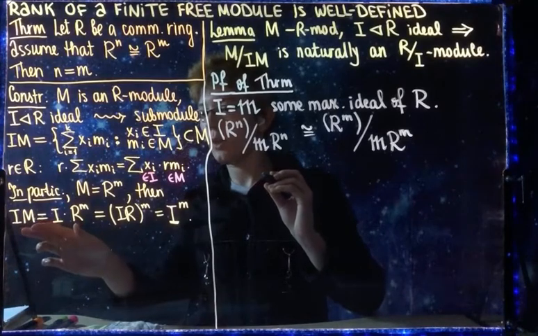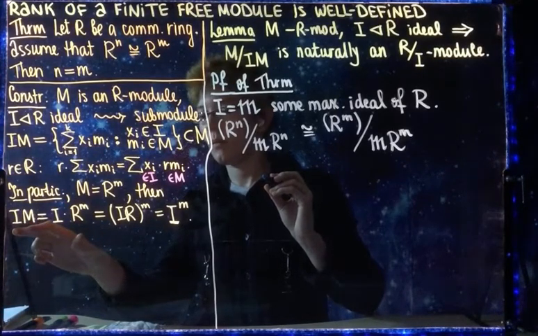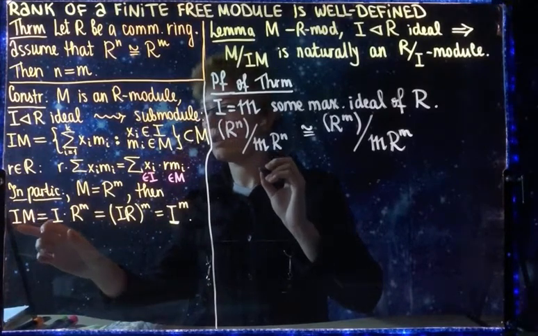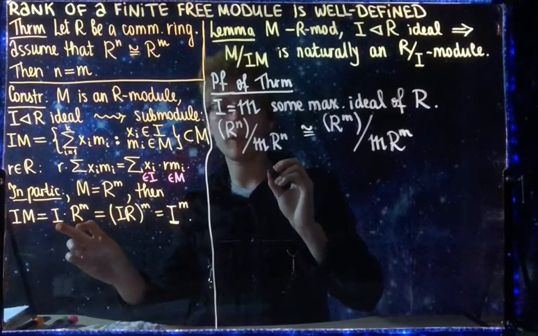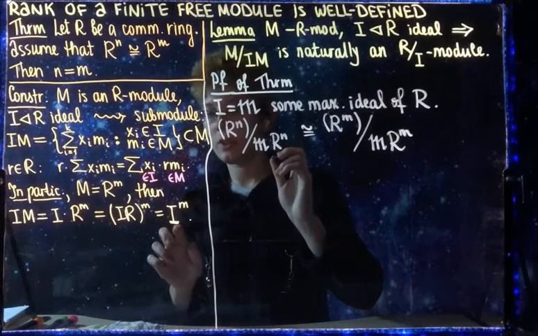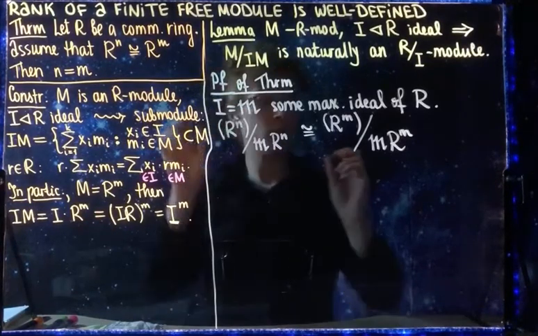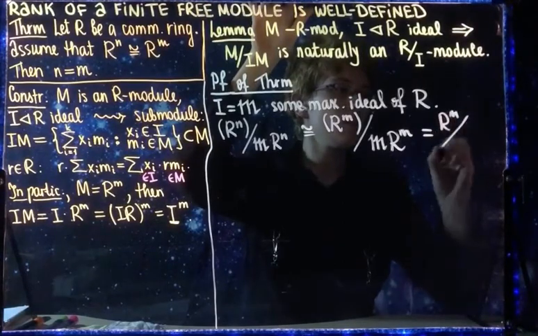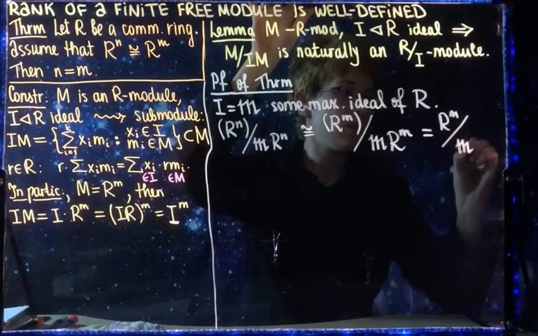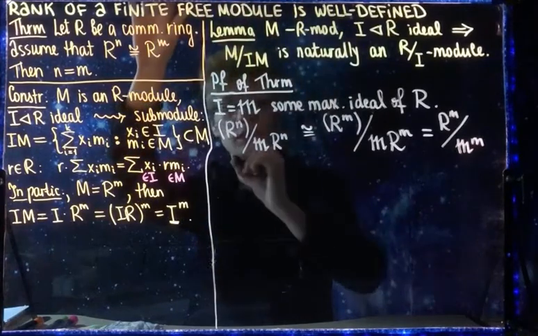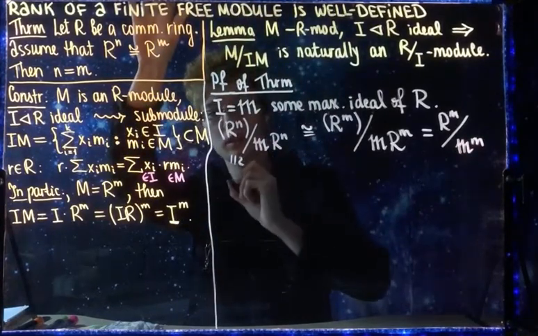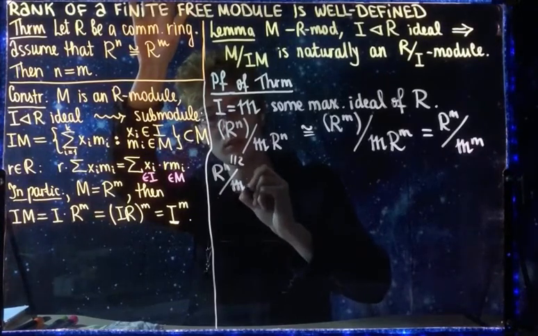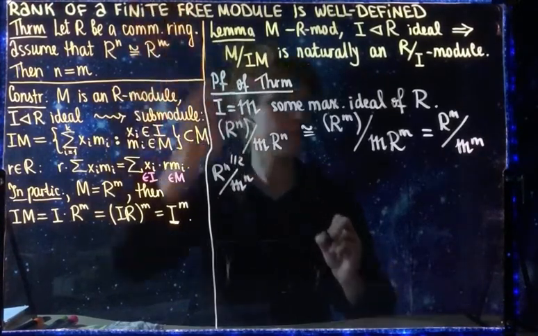But I showed that I times R^m is naturally the m-tuples of elements of the ideal, so I can write it as R^m mod out by m taken m times, and so the left hand side is also R^n mod m to the nth power.